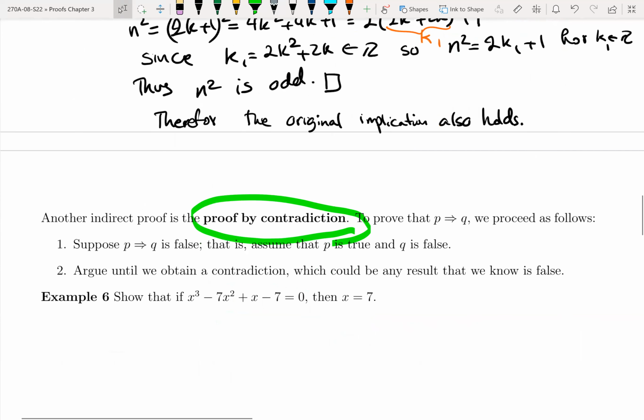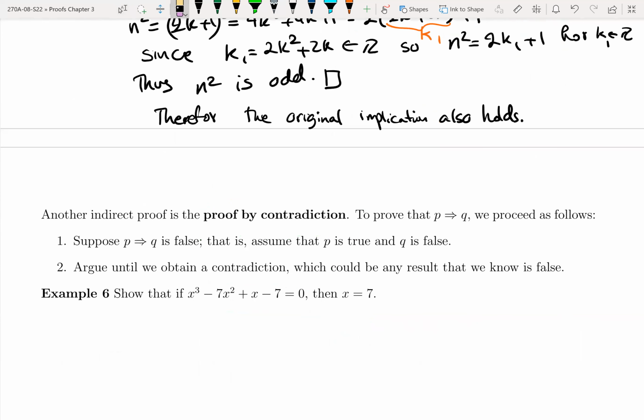The third method of proving is proof by contradiction. So what is proof by contradiction? Your statement is always P then Q. So you are always saying if P is true, then Q must be true.